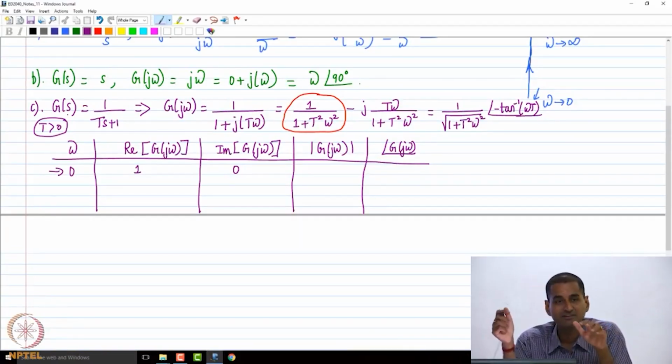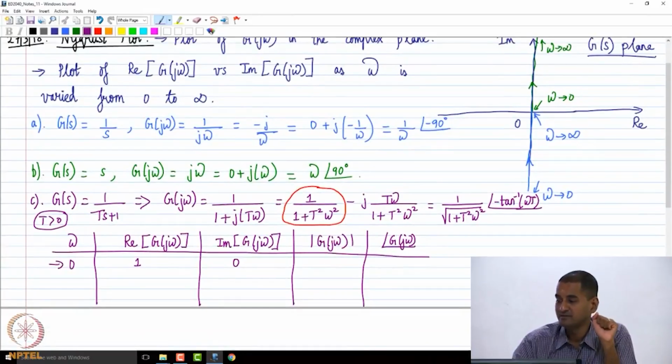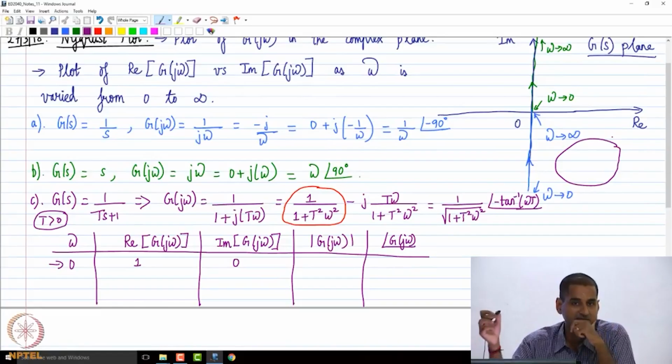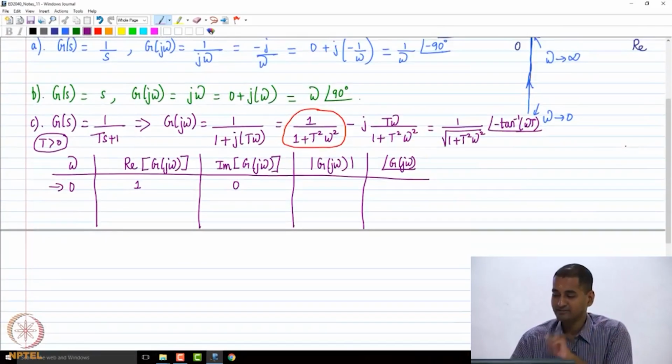So, which quadrant do you think the Nyquist plot of this factor would lie in? In this quadrant. What is this quadrant called, 1, 2, 3 or 4? Fourth quadrant. So, essentially you will see that the Nyquist plot will lie in this quadrant.